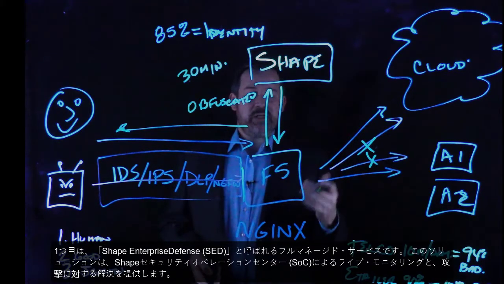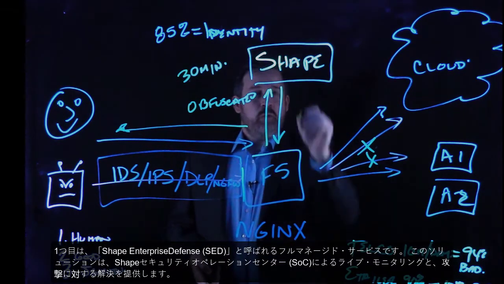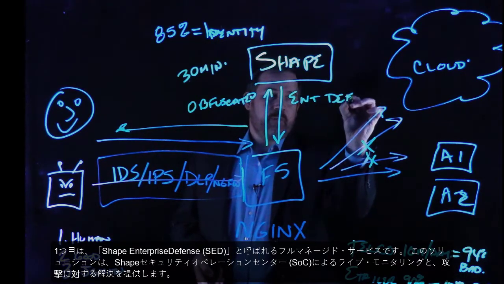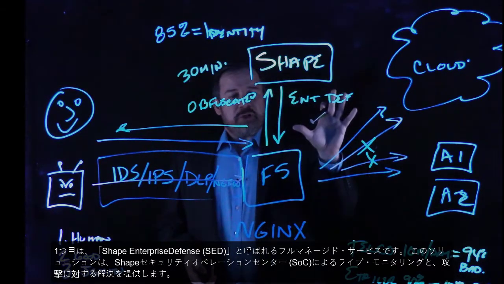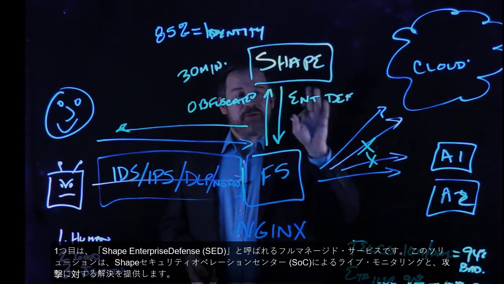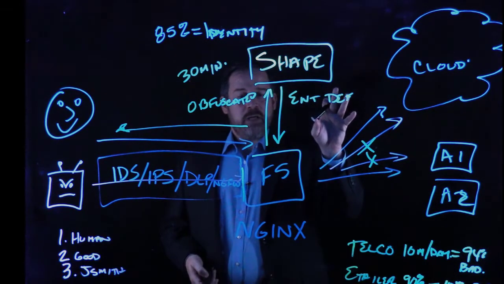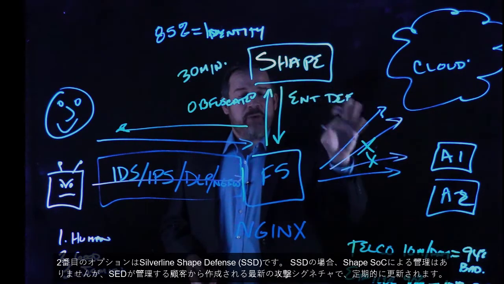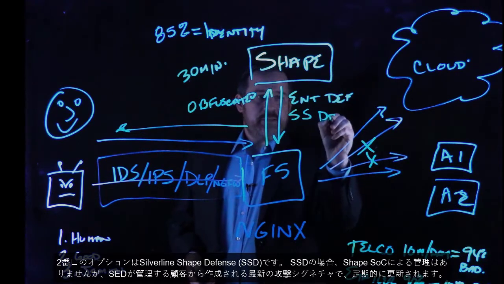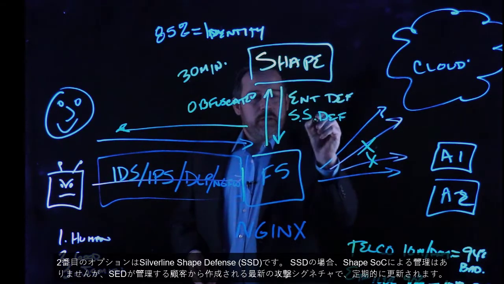Customers who go on to implement Shape Security as their solution decide between two options. The first option is our fully managed service, which is Shape Enterprise Defense. This solution provides live monitoring and attack resolution by our Security Operations Center. The second solution that we have is Silverline Shape Defense.